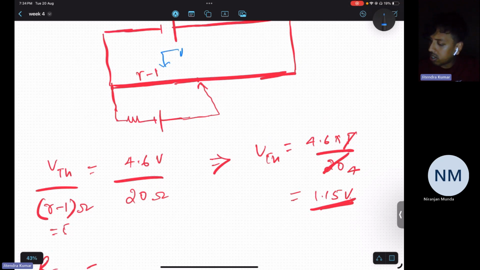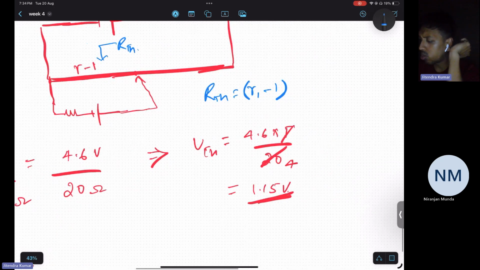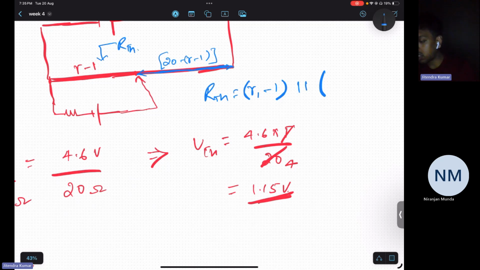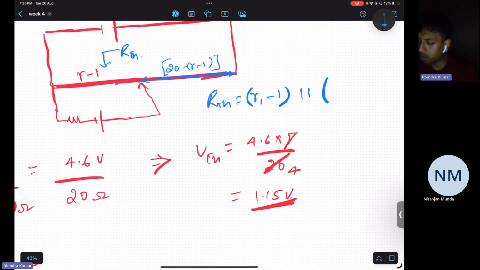So if you see RTH from here, RTH is nothing but R minus 1 parallel to the whole minus R minus 1, so 20 minus R minus 1. I think this would be appropriate, because if we are calculating it, we cannot ignore this branch.